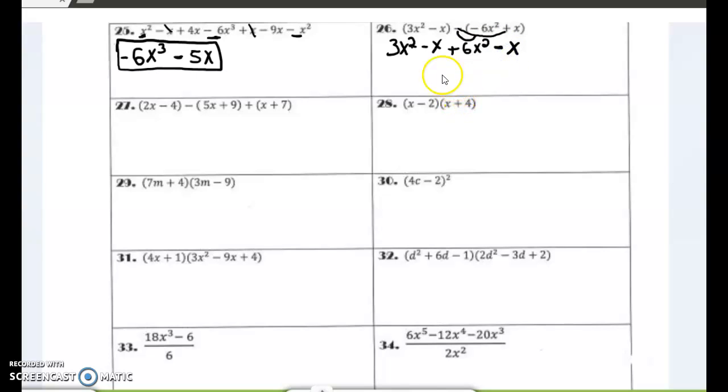We will combine like terms starting with the largest ones. Positive 6x squared and a 3x squared is going to be 9x squared, right? And then a negative x and a negative x is a negative 2x.